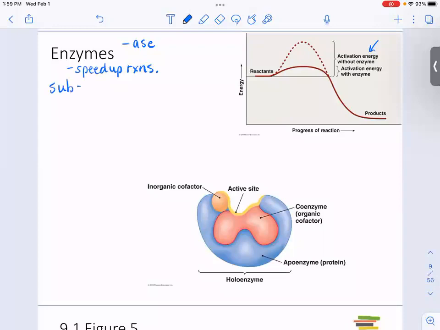All right, so enzymes speed up reactions. Enzymes are going to work on substrates. Usually you write the name of the enzyme over the arrow, and then the enzyme turns the substrate into a product. In this picture here, they call the substrate reactants. Same thing.